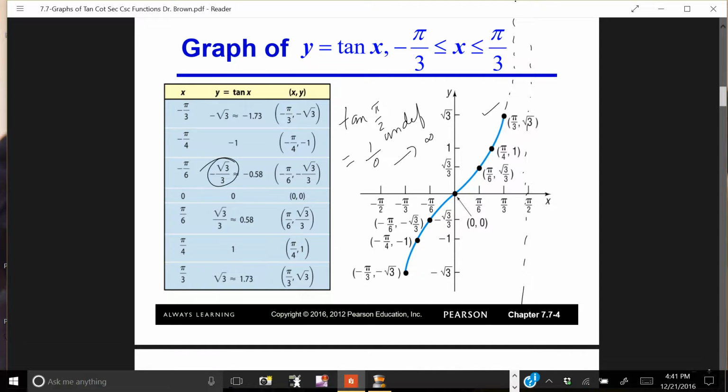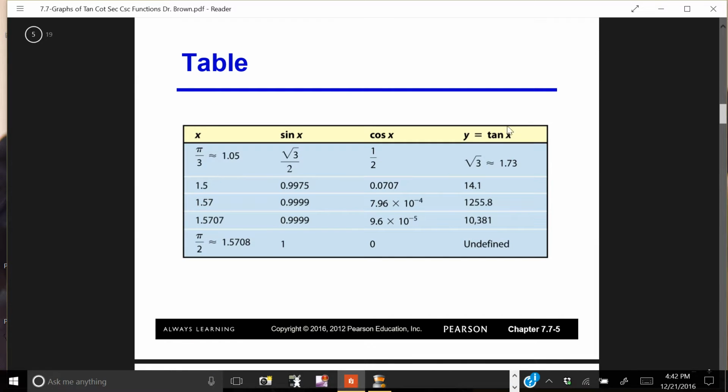By the same token, as the value of the angle gets closer to minus pi over 2, it goes down to and approaches minus infinity. And you can see, expanding this table a little bit, at pi over 3, the tangent was 1.73. As x gets a little larger, which is closer to pi over 2.